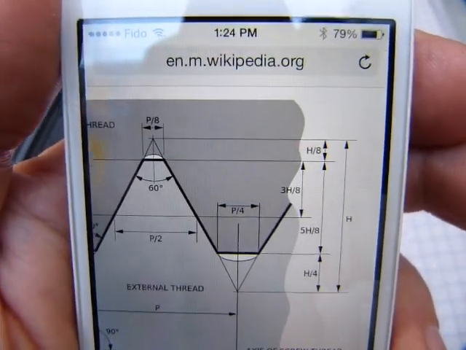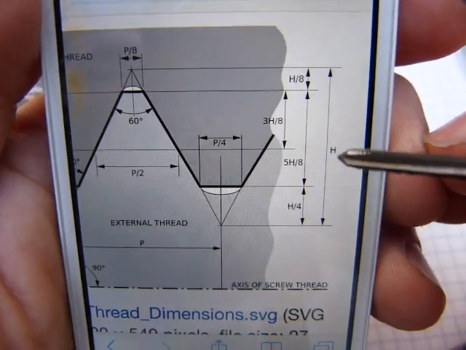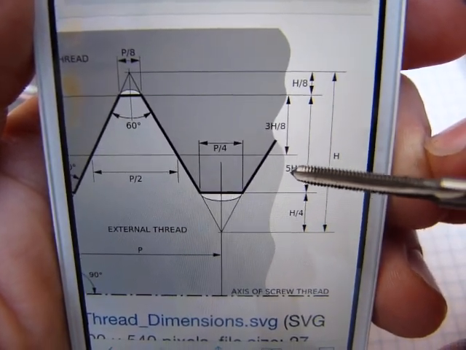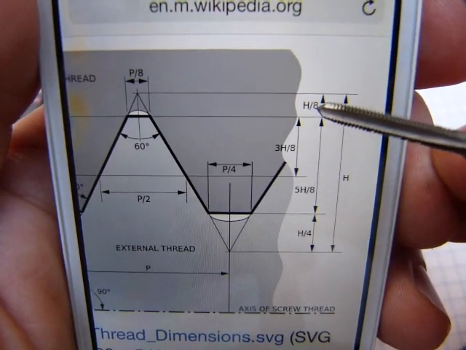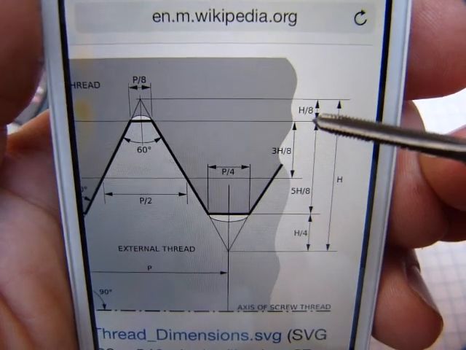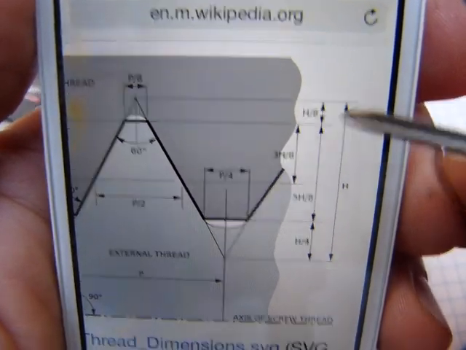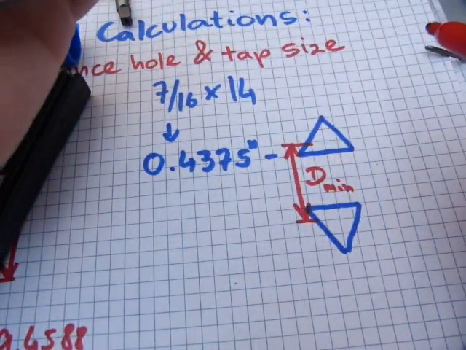Okay, now work with me on this one. Here's my little pointer here. 5/8 of the thread depth plus 1/8 of the thread depth. 5/8 plus 1/8 is 6/8. The equivalent fraction for 6/8 is, I'm just going to write this one down.